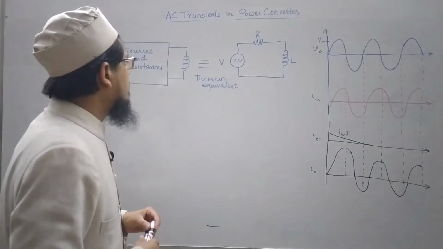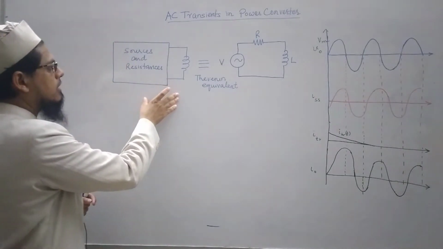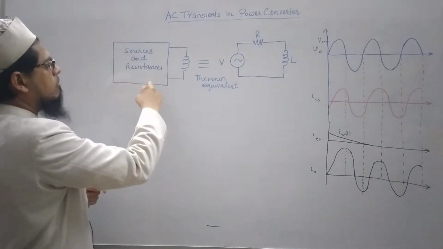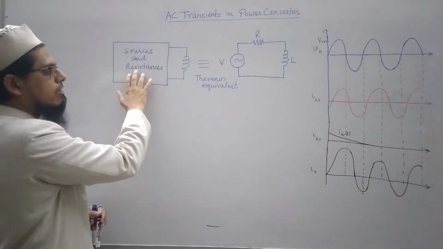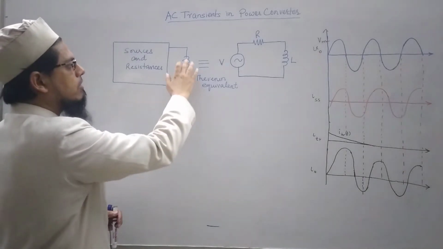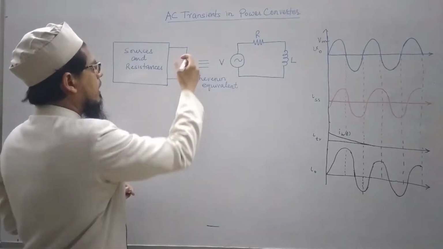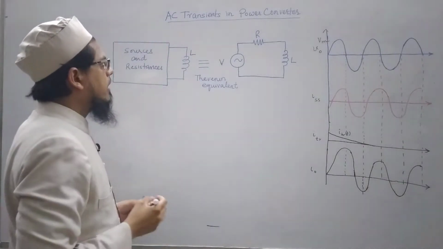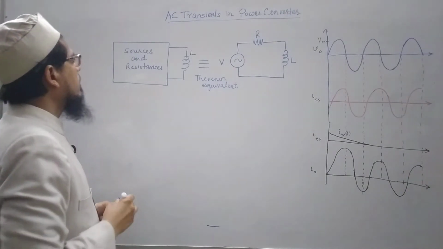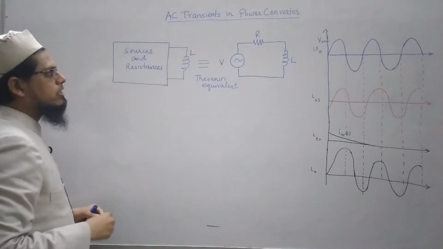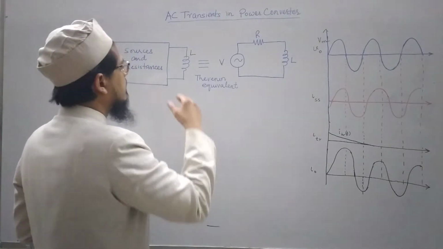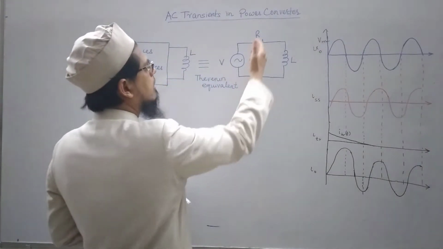Let us start with this general circuit. We have a network which consists of some power sources and resistances, and then we have an inductor L here. We can convert this network which has sources and resistances into its Thevenin equivalent.